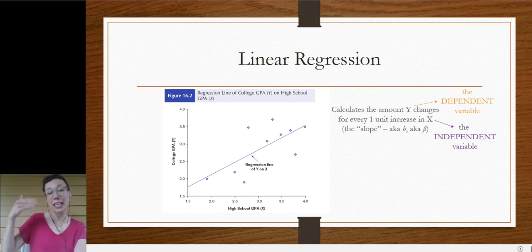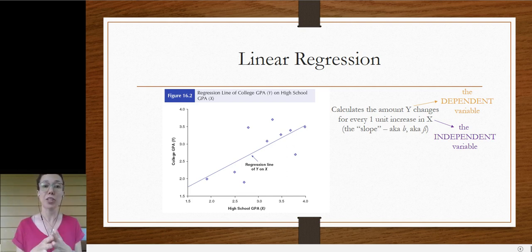So if we're thinking about variables as a positive relationship, when one increases, the other increases, linear regression tells us specifically how one variable increasing influences the other. If the independent variable increases by 1 unit, what does it do to the dependent variable? Does the dependent variable also increase by 1 unit? Does it increase by less than that? Does it decrease? What happens here?